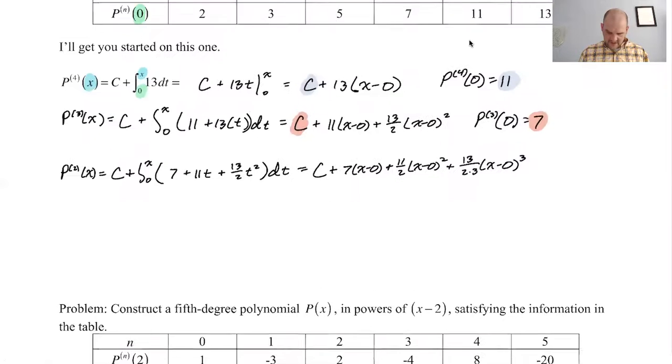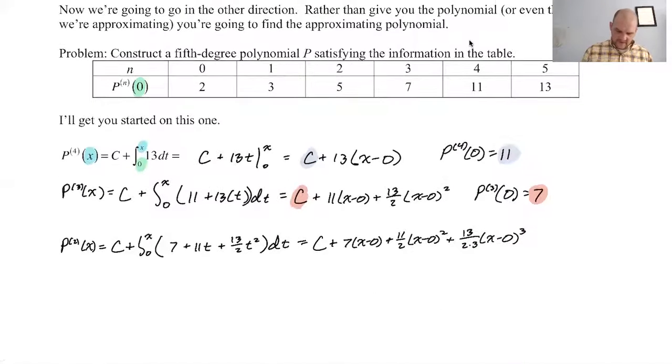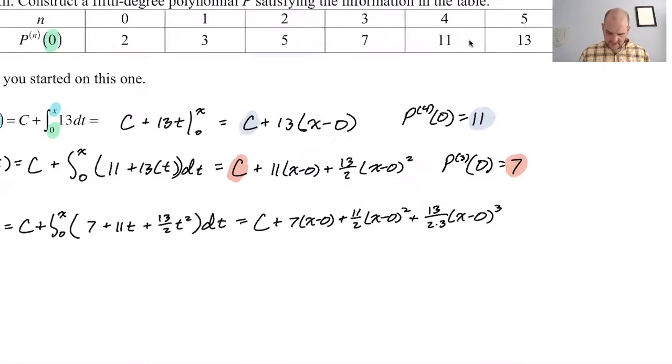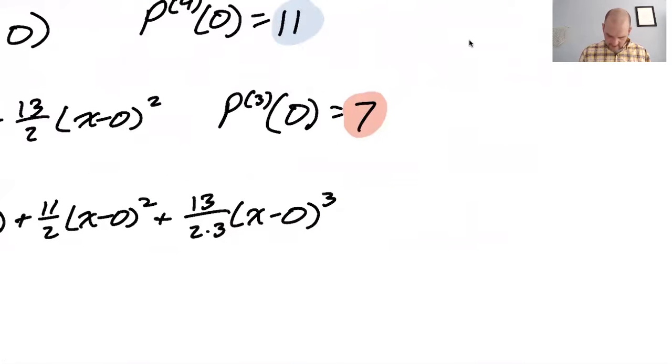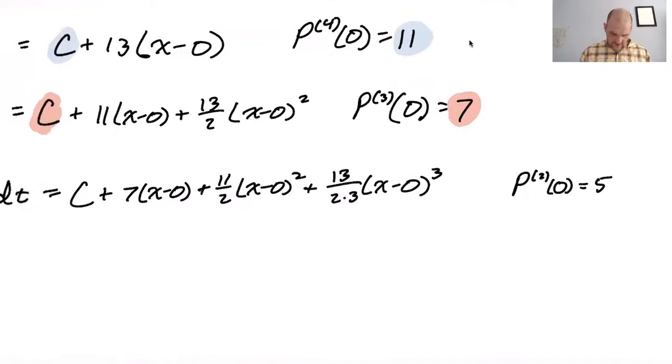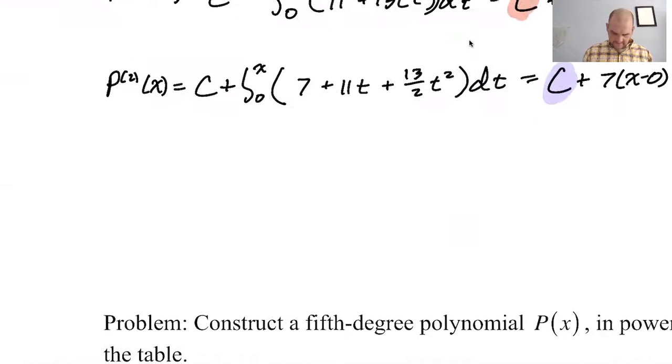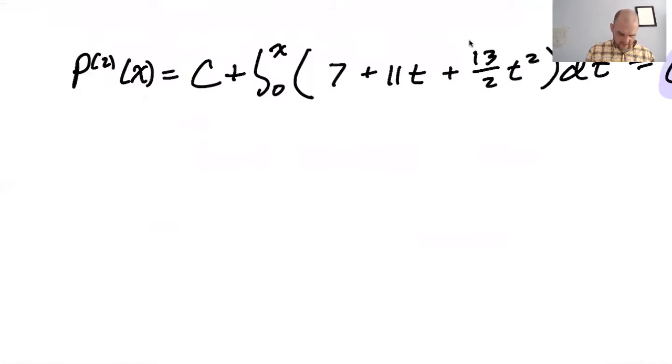Now we need to be able to solve for c, but again, we know that the second derivative at 0 is 5. So P2 of 0 is 5, which lets us say that for sure, this value of c is definitely 5. So really, we can find P prime.